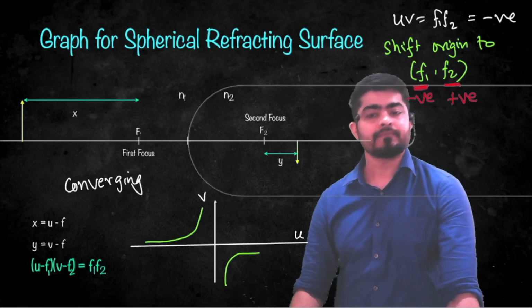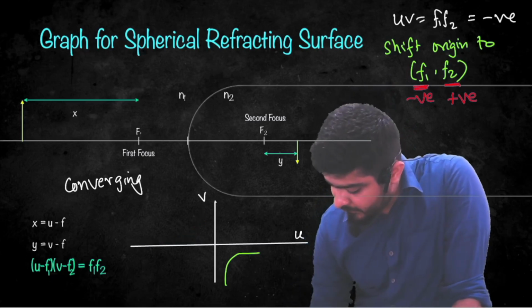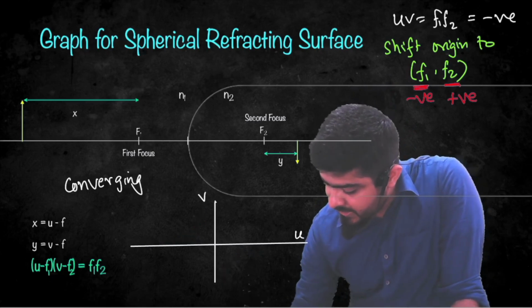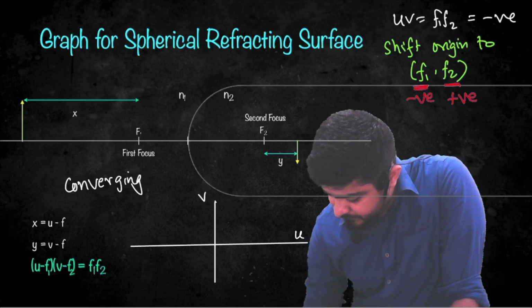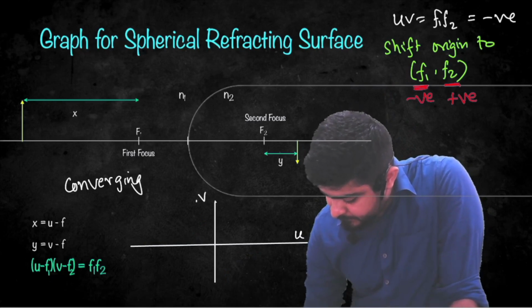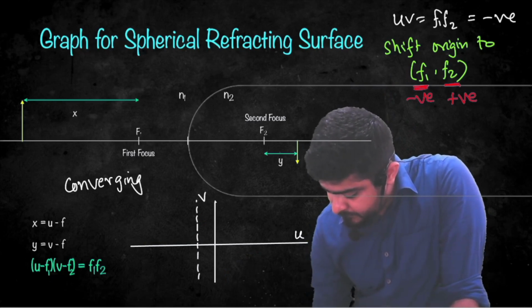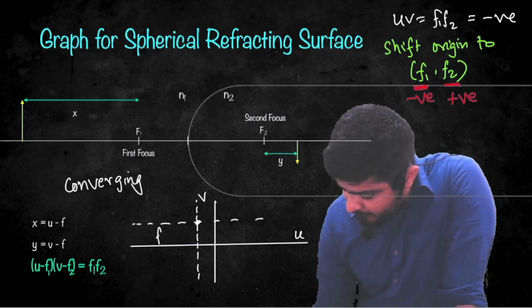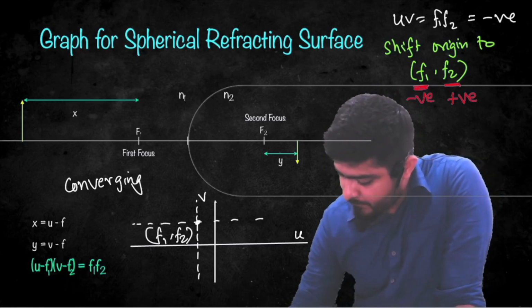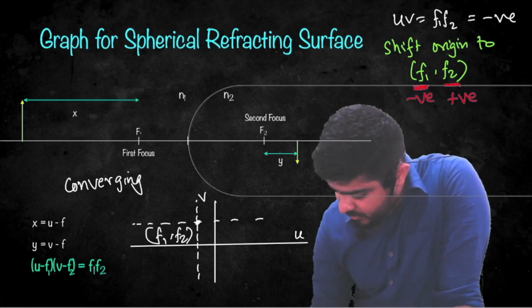All right, so I need to shift the origin into the second quadrant. So this is my f1 comma f2, and now based on this new coordinate axis I can draw my graph.